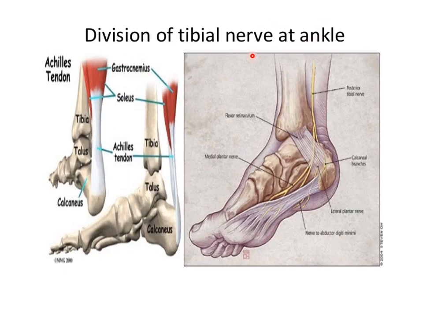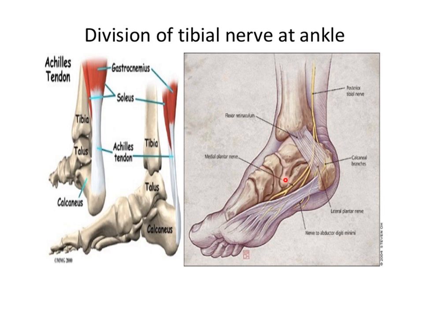In this diagram we can make out the division of the tibial nerve at the ankle, that it passes inferior to the medial malleolus underneath the flexor retinaculum, dividing into three branches. Number one, the medial plantar nerve, the lateral plantar nerve, and the calcaneal branches.